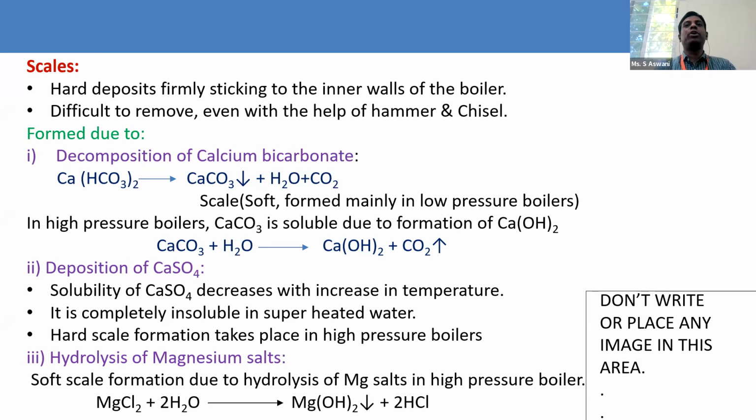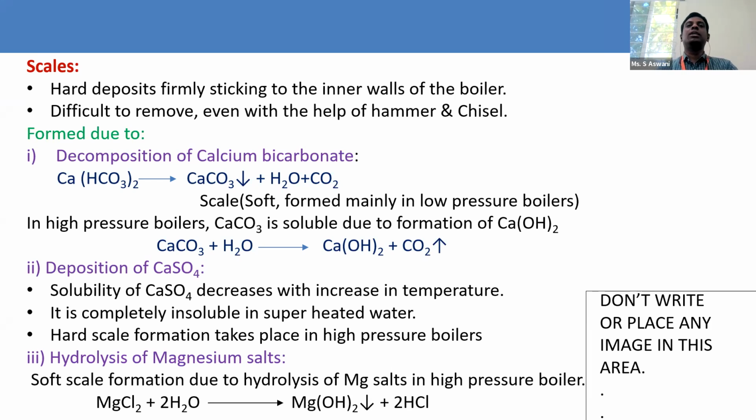Normally, compared to lower pressure boilers, in higher pressure boilers hard scale formation takes place. The possibility is more compared to lower pressure boilers. The hydrolysis of magnesium salt, these are how scales form. So the first one, the decomposition of calcium bicarbonate.